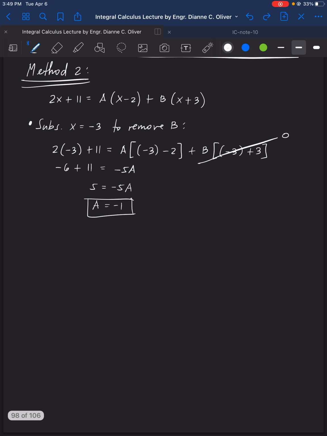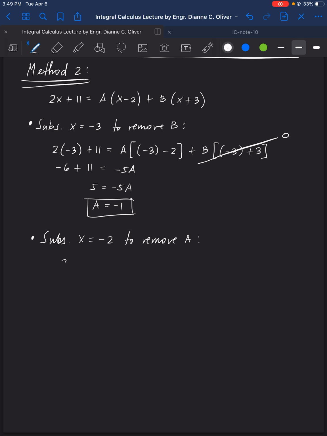Okay. Next, to have the value of b, what will we substitute with x? To remove a, what will we substitute for x? We will substitute x with negative 2 to remove a.